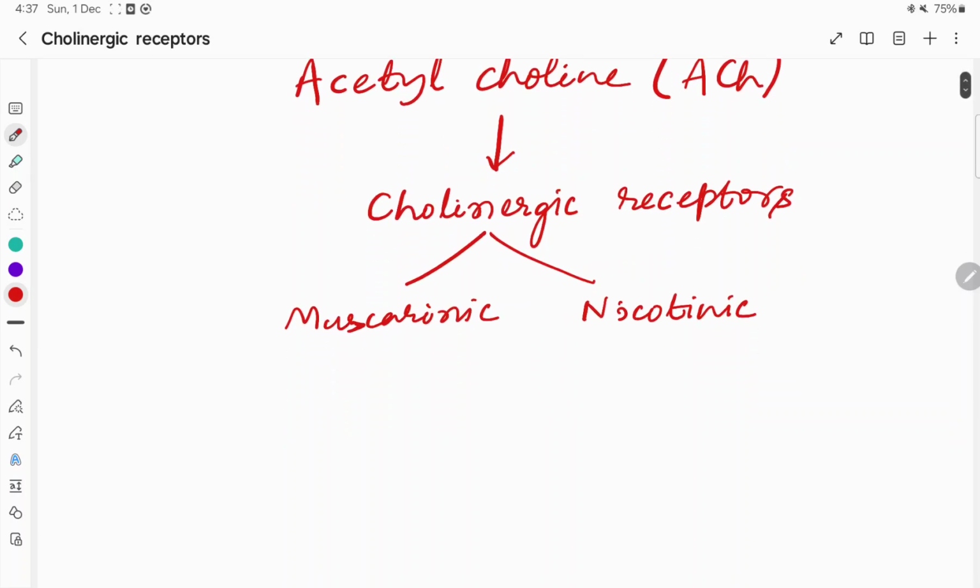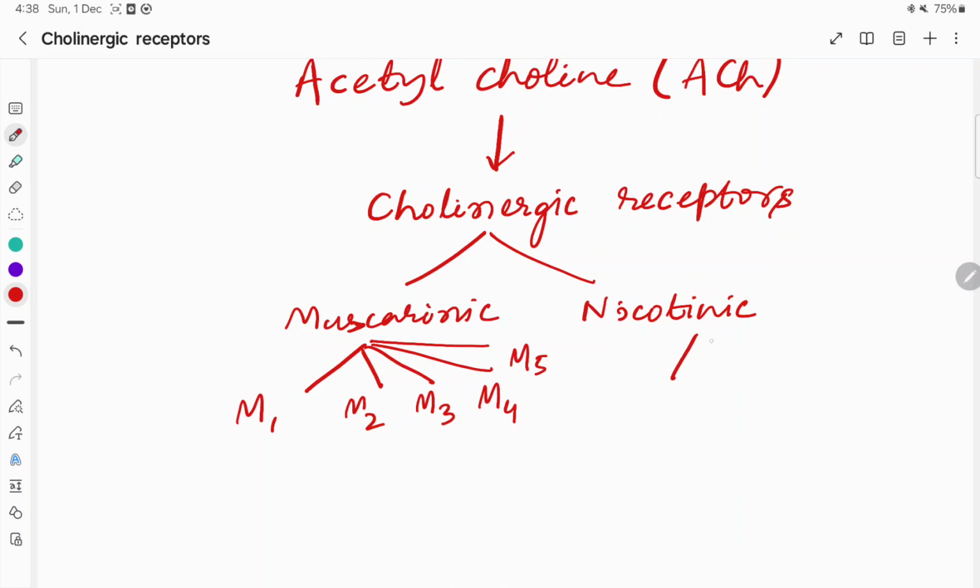So muscarinic receptor is again of 5 types: M1, M2, M3, M4 and M5. Nicotinic receptors are of 2 types: NM and NN. In NM, M stands for muscle, that is the skeletal muscle, and N stands for neuron.